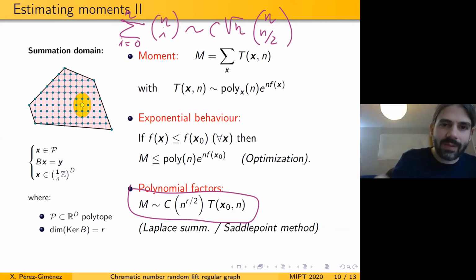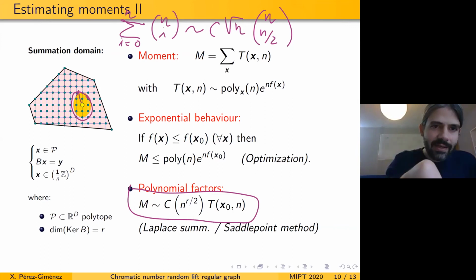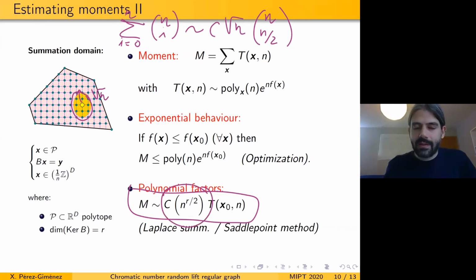So in some sense, what I'm saying is that if you're trying to estimate this sum, the term that gives you the highest exponential contribution is not enough, but it's enough to sum around a vicinity of that, of radius something like square root of n. So you have roughly these many points, raised to the power of r, where r is the dimension of my polytope.